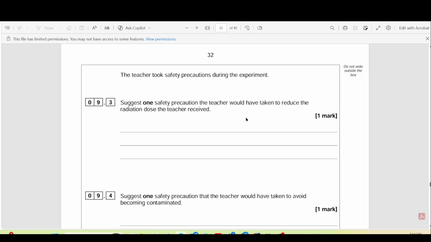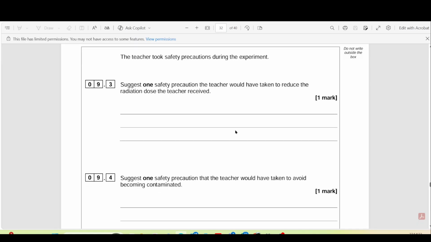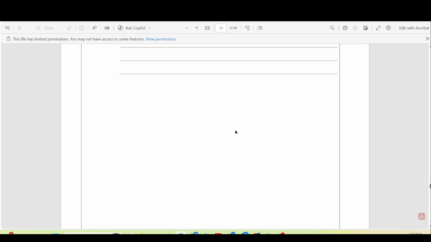Yes, a lead apron. Also the teacher should maintain the distance from the source of radiation, right? Yeah. And we can limit the exposure time.